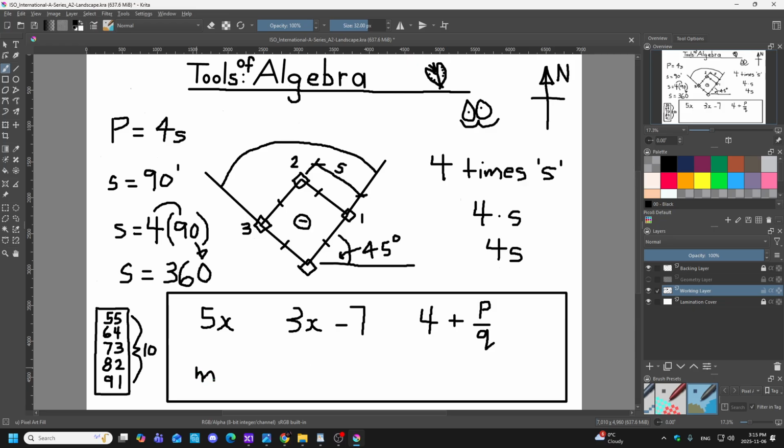Here are some other examples. M. They use times. It's not something I would do. I would not recommend it. I recommend using the dot, or you could use brackets.